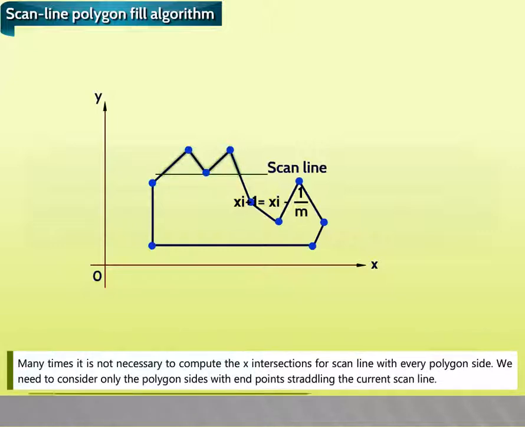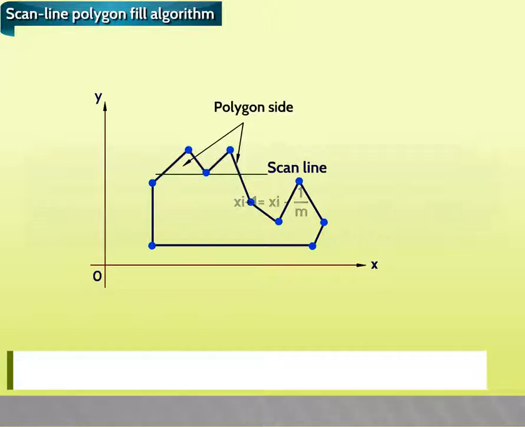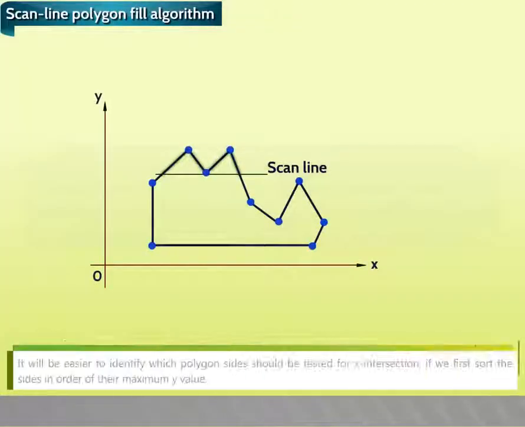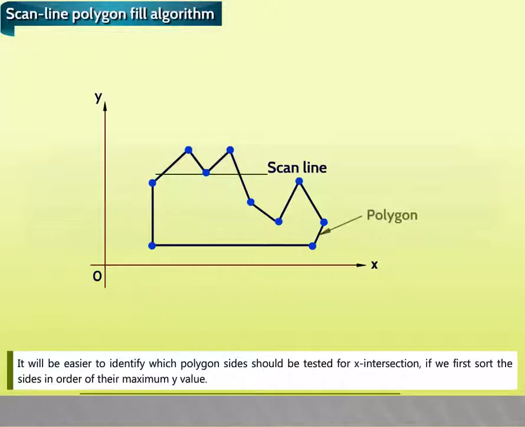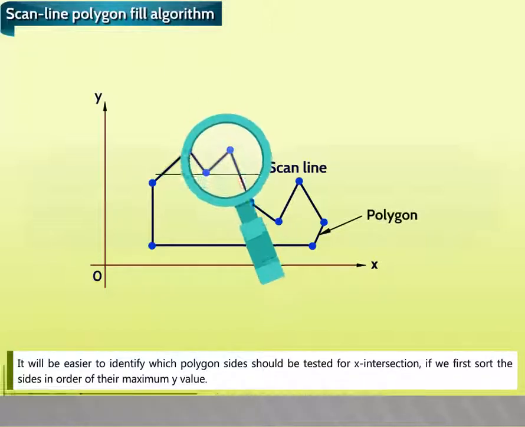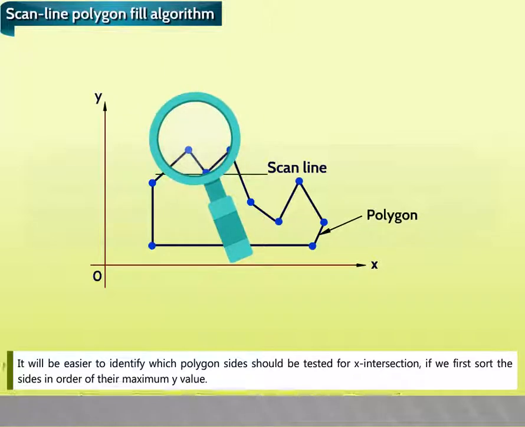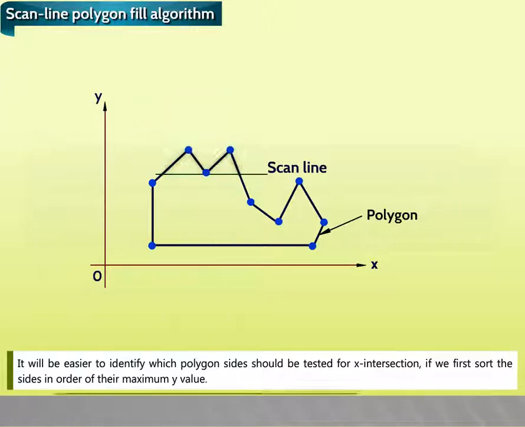Many times it is not necessary to compute the x-intersections for the scanline with every polygon side. We need to consider only the polygon sides with endpoints straddling the current scanline. It will be easier to identify which polygon sides should be tested for x-intersection if we first sort the sides in order of their maximum y value.